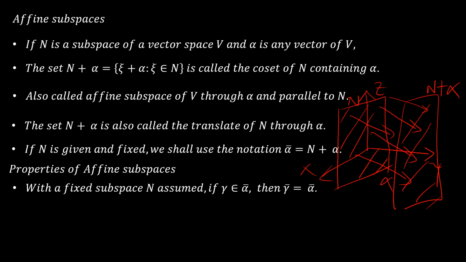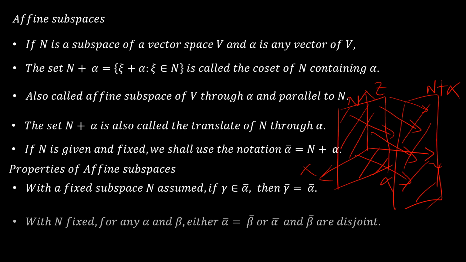And that's why we're saying that alpha bar equals gamma bar if gamma is a point on alpha bar.